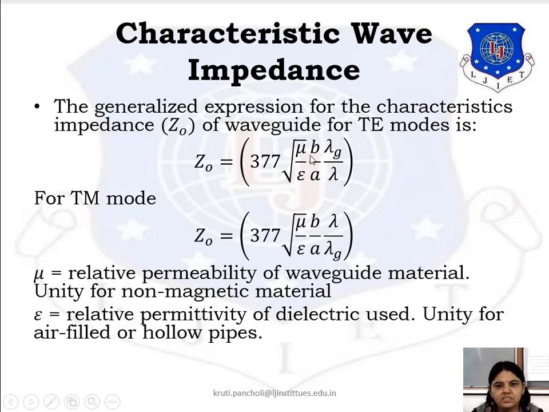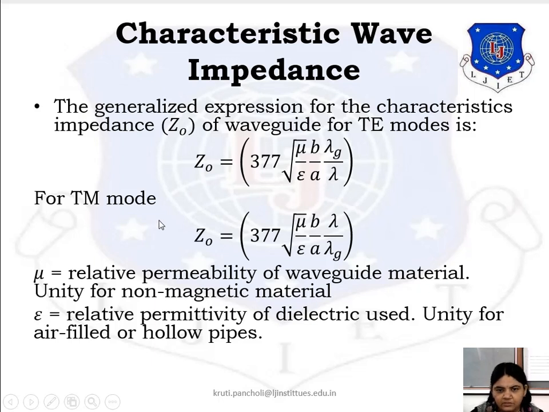Mu is the permeability of the waveguide material, epsilon is the permittivity, b and a are the dimensions, narrow and wide, lambda g is the guide wavelength, and lambda is the free space wavelength.